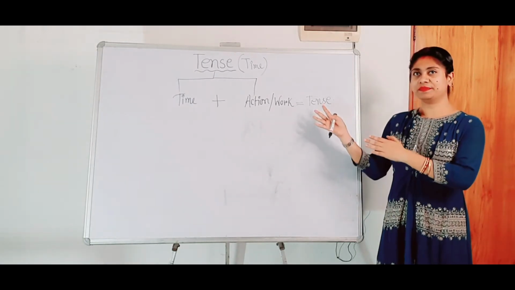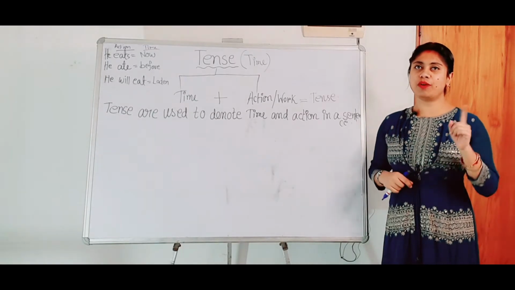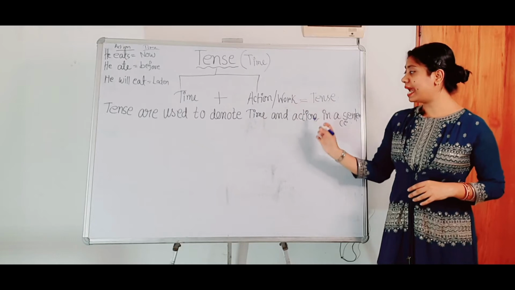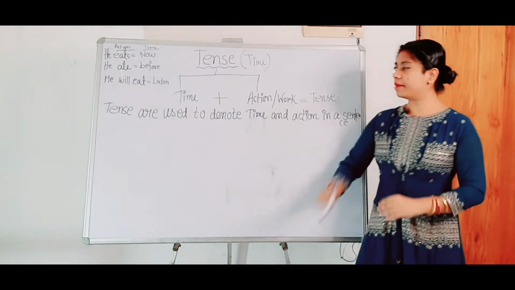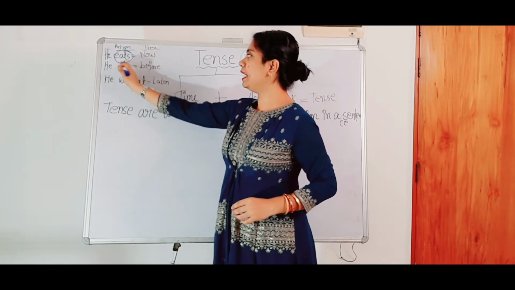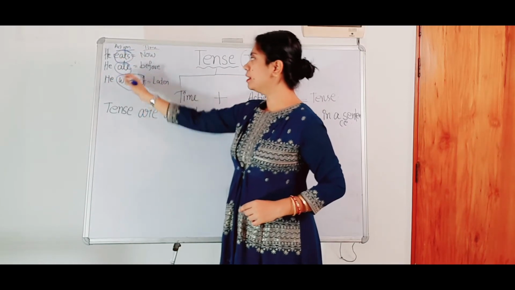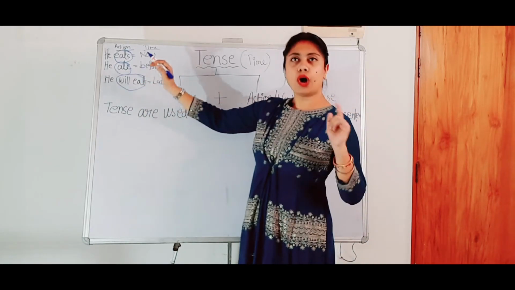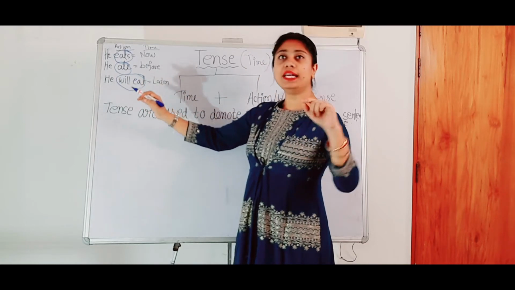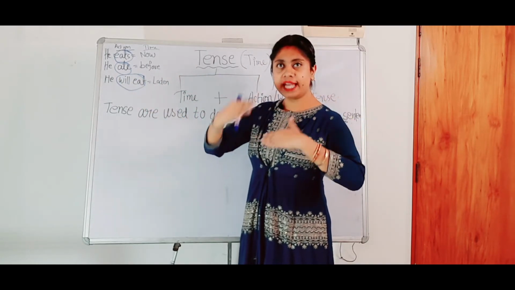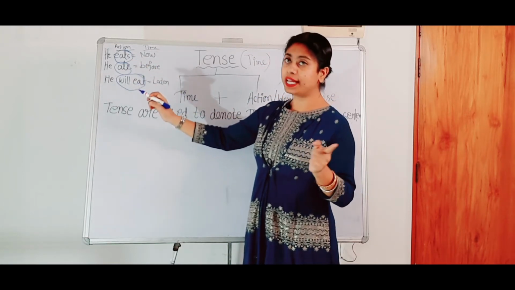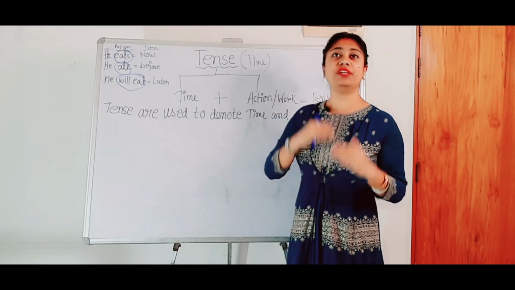So let's see. So viewers, in one sentence, I can explain that tense is used to denote time and action in a sentence. For example, he eats, he ate, he will eat. Can you see that here all the subjects are he, but only the actions are changing, like eats, ate and will eat, so the time is changing with the action.